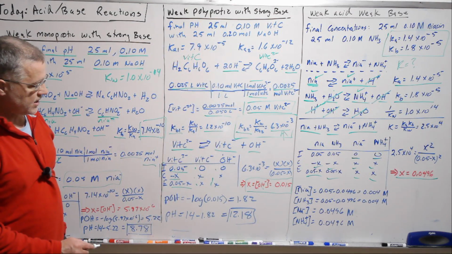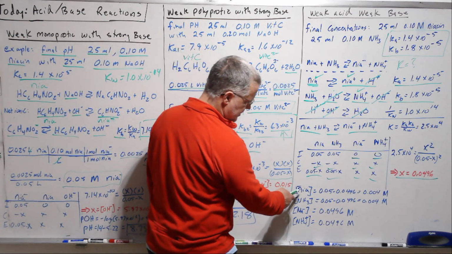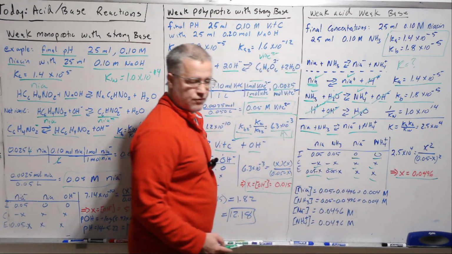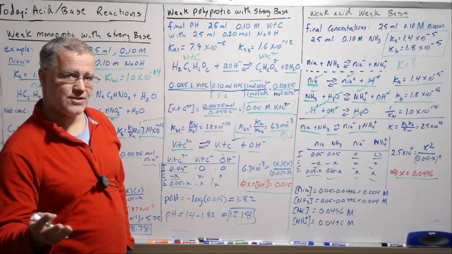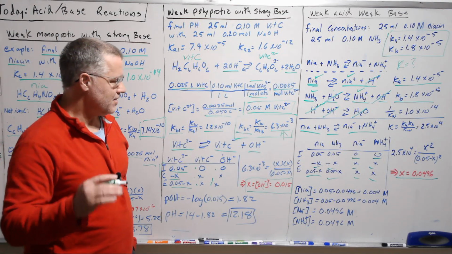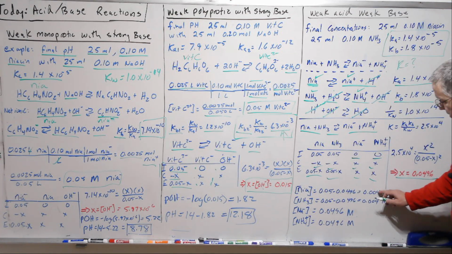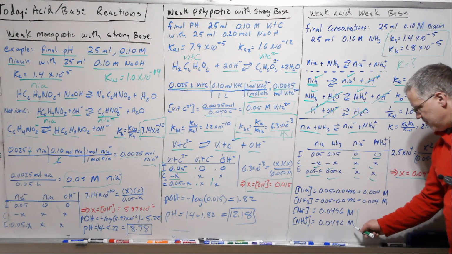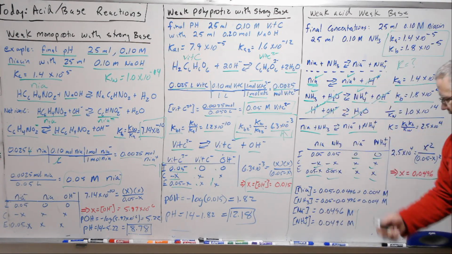And so then we could calculate the concentration of all the species that are in the beaker. Niacin would be 0.05 minus this, so 0.004, so essentially 0 in terms of sig figs. Let's play a little loose with the sig figs here to say that there is a little bit around. Same with the ammonia, a little bit around. And then mostly product. So we see that K is very large, very product favored.